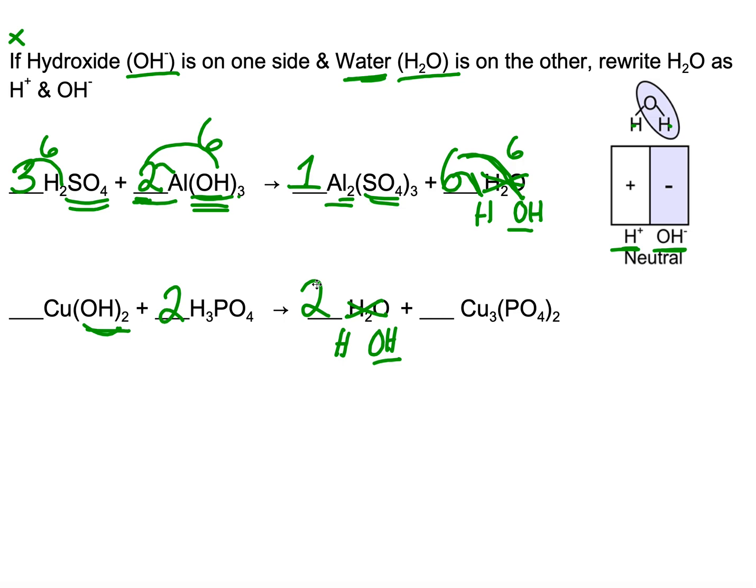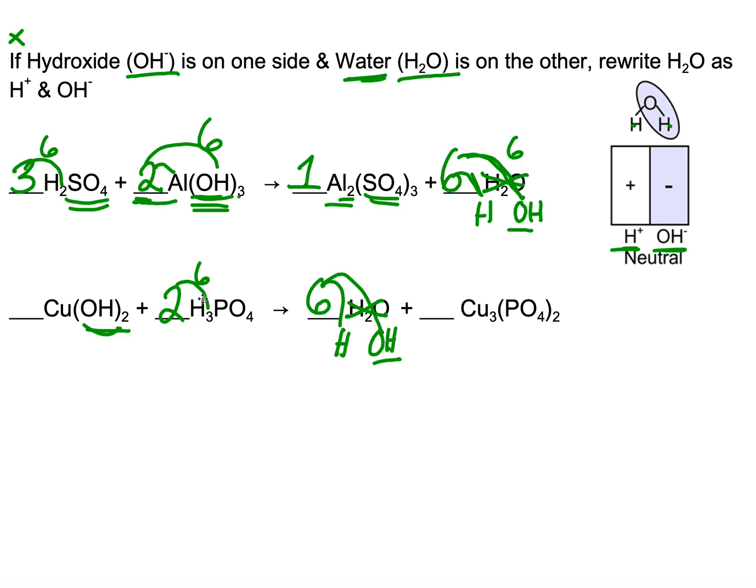That impacted my hydrogens. So I've got 2 H's over here. Oh, I had 6 H's. So that means we got to go back and fix that 2. That doesn't work anymore. I've got 6. Now the 6 can take care of my H's, but it also impacts my hydroxides.